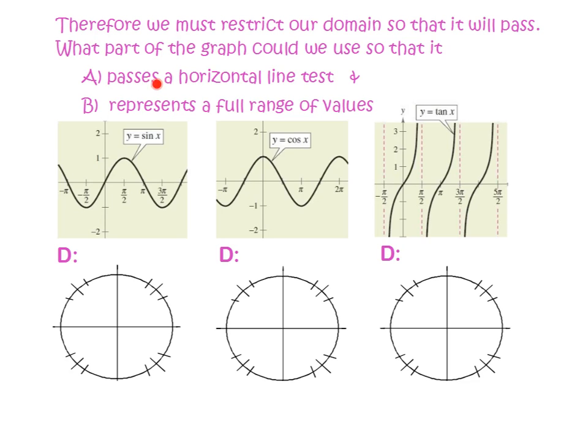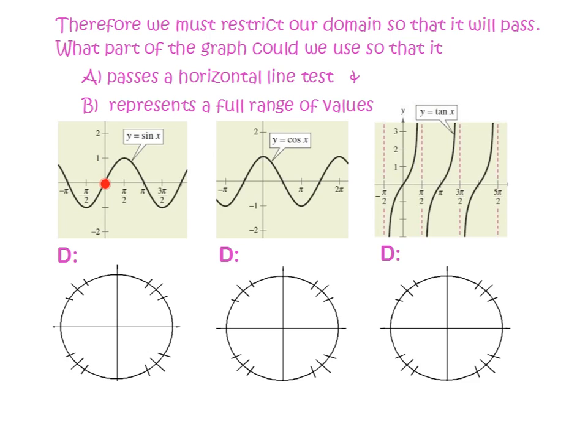That piece needs to pass a horizontal line test, but it also has to represent a full range of values. You have to look at all the possible sine values. You can't just pick out a little piece and say, oh, this will work right here, because that isn't a full range of values. For sine, it goes anywhere from a -1 clear up to a +1. So the piece that we pick, we want to make sure shows that full range.